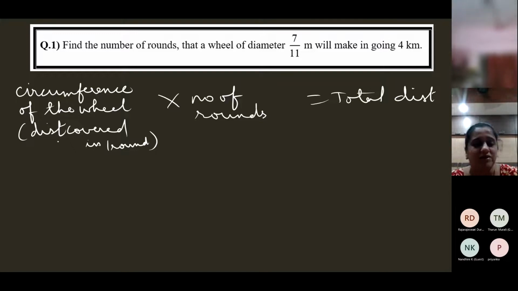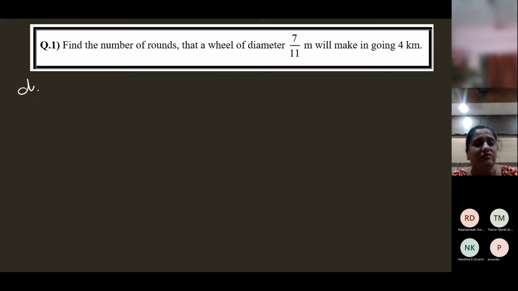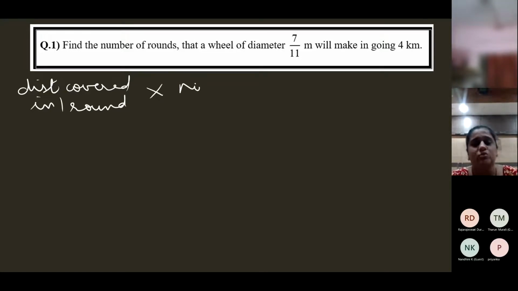So the distance covered in one round into the number of rounds will be the total distance covered. So here, the distance covered by the wheel in one round into the number of rounds is equal to the total distance covered.